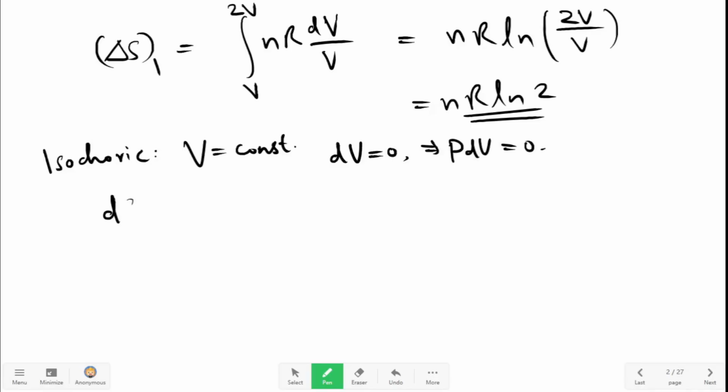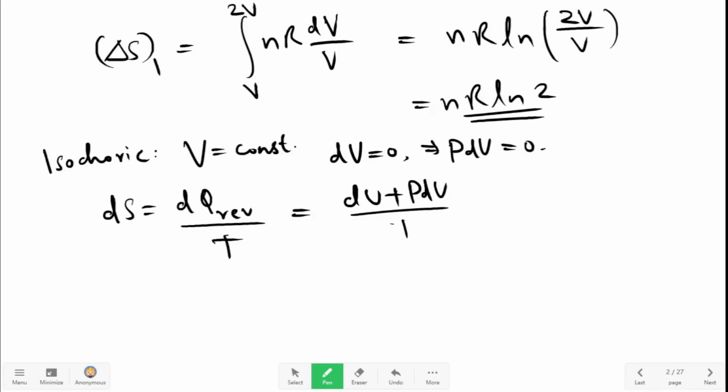We have dS is equal to dq reversible divided by T. Now from first law of thermodynamics, dq is dU plus PdV, divided by T. Since PdV is 0, we have dS is equal to dU by T. Now dU is equal to nCv dT.